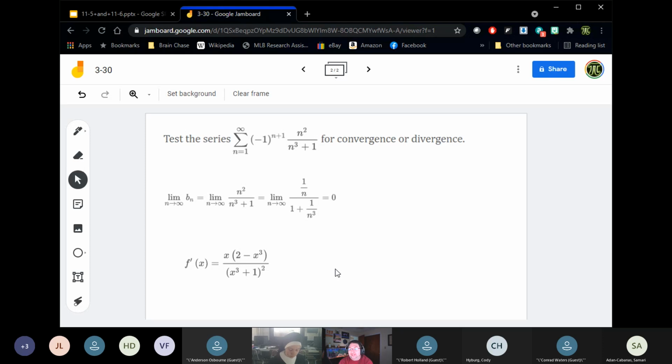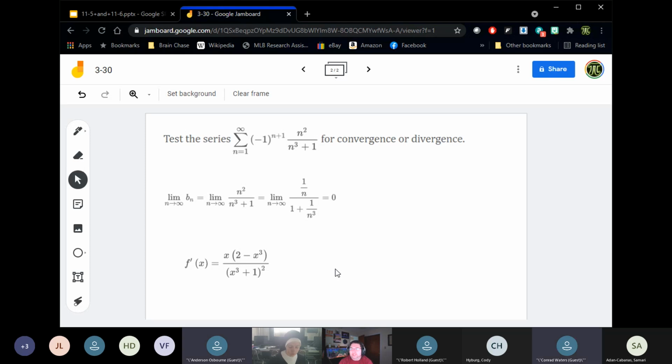So the question is, when is that less than 0? Can the bottom ever be less than 0? Because when we're looking for less than 0, basically I'm looking for negatives. So can the bottom of that fraction ever be negative?